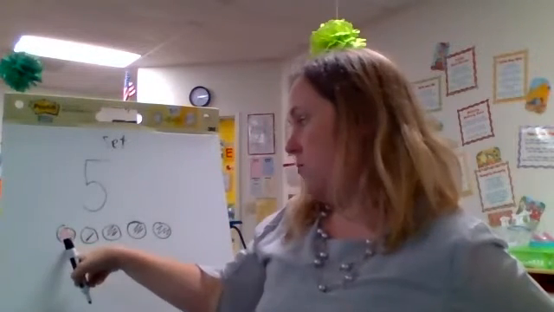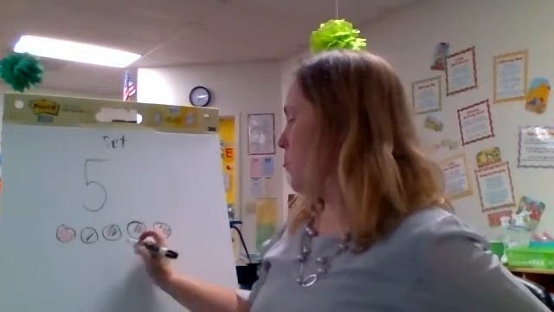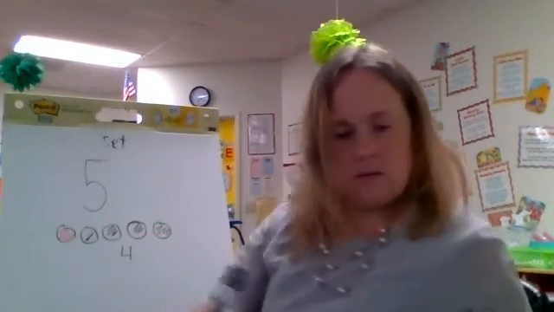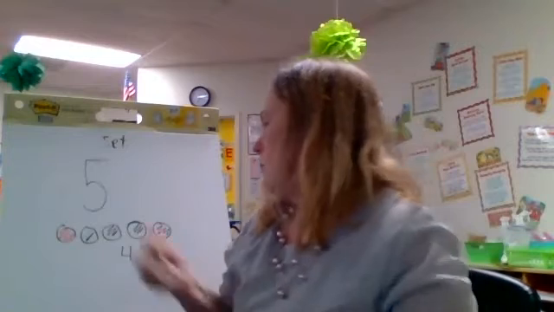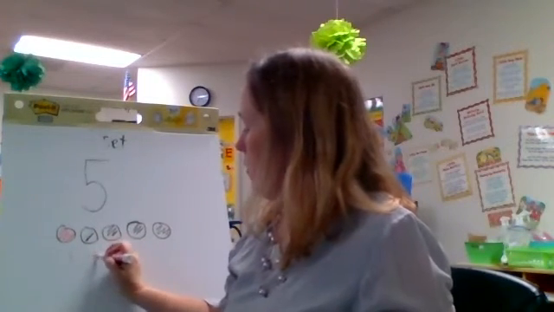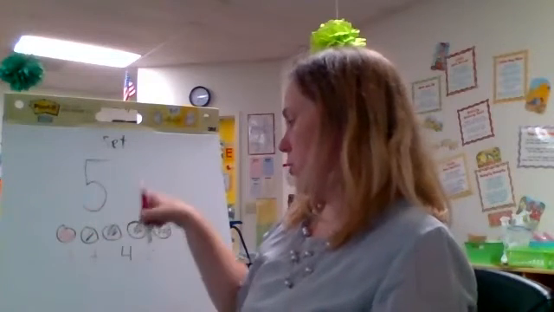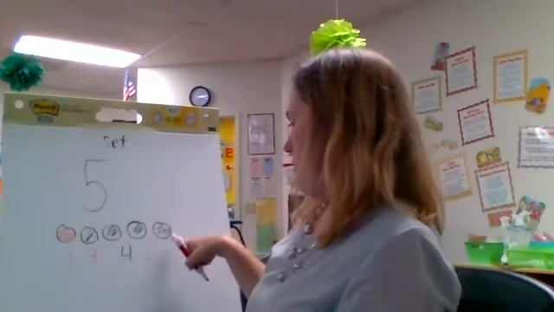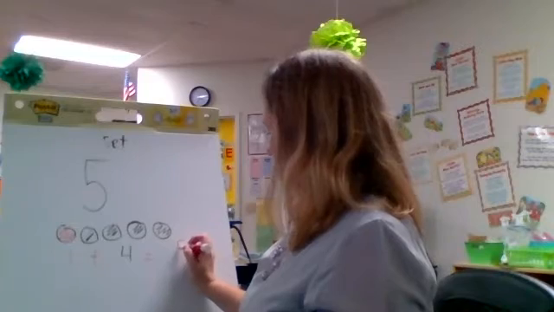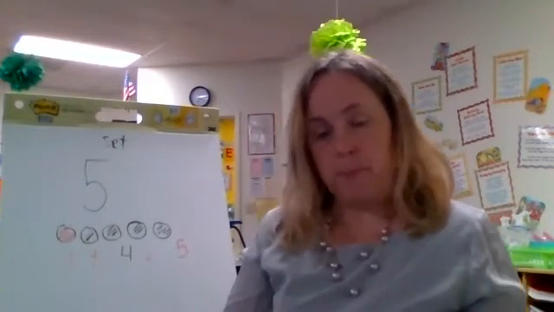So I have 1 red and 4 black. One plus 4 equals 1, 2, 3, 4, 5. So that's one of the ways that we can show 5.